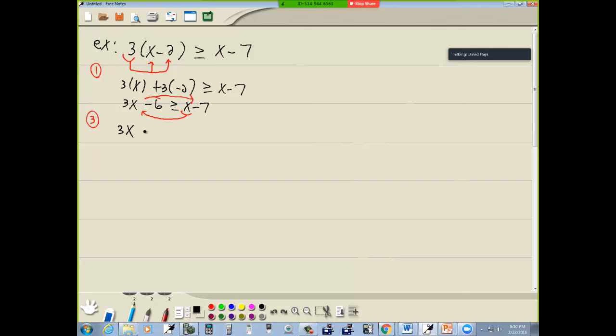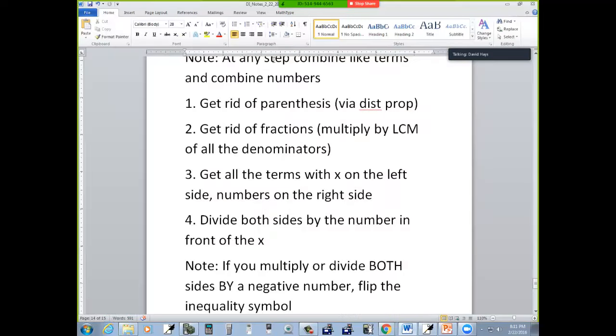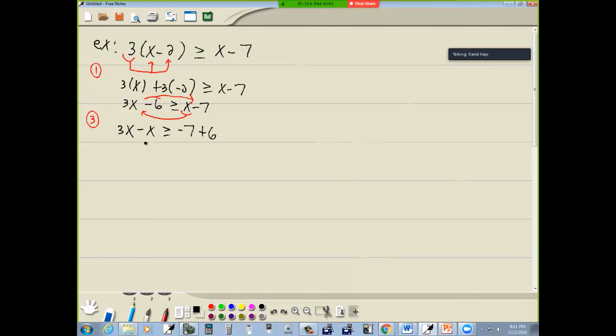So this positive x becomes a negative x, and this -6 becomes a positive 6. Just like before, at any step we combine like terms, combine numbers. 3x minus x is 2x. -7 plus 6 gives us a -1.